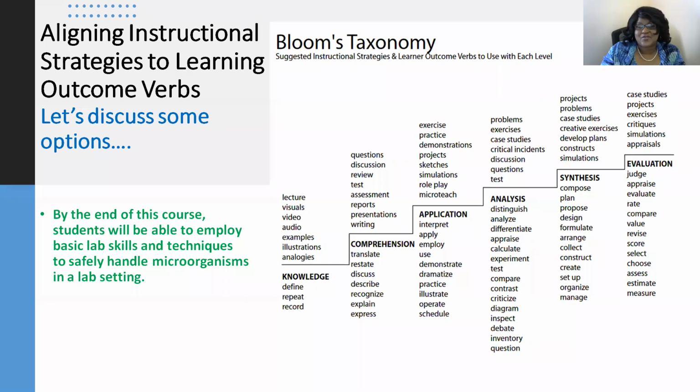Okay, thank you. Yeah, so I think there's one word you added that is independently. Students will be able to apply basic lab skills and techniques to safely handle microorganisms independently. Because in many cases it's under supervision from the faculty member.